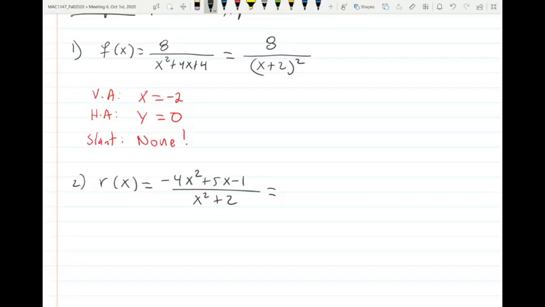Let's see. What can we do here? -4x, and then put an x here, and -1 and 1. So that's 4 plus 1, that's 5. Okay, so this is -4x plus 1 times x minus 1.